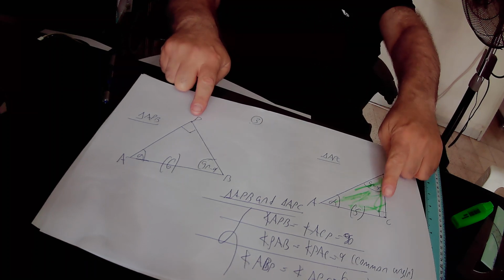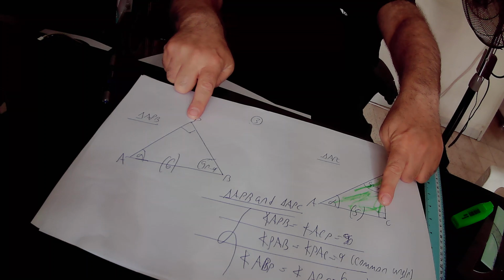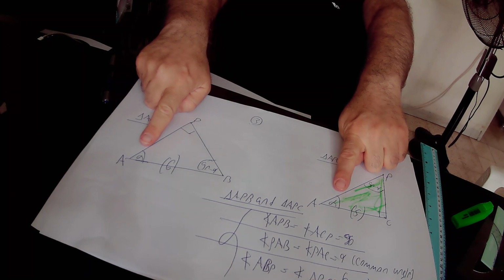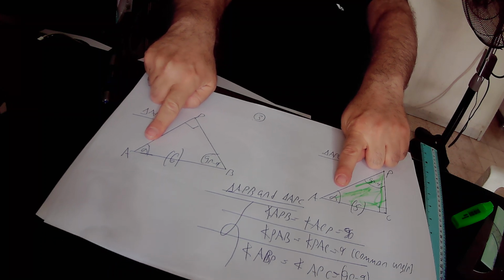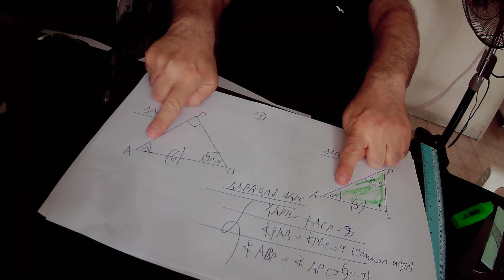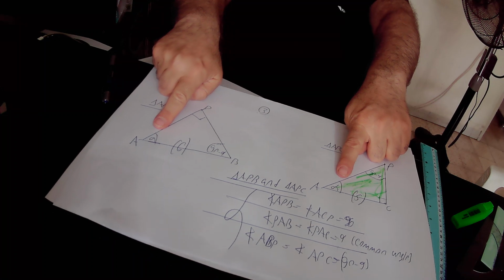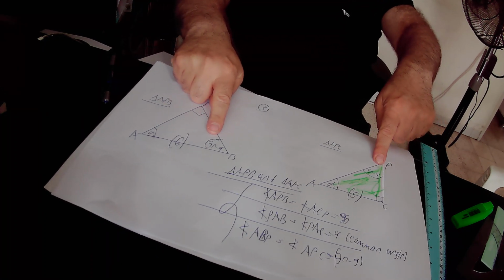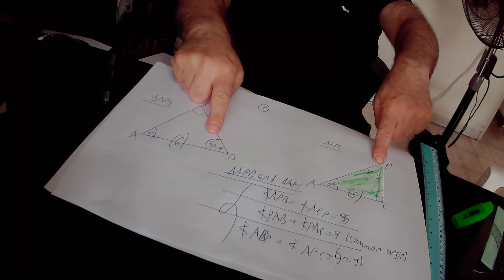First of all, those two angles are both equal to 90 degrees, therefore they are equal to each other. In addition, this is angle alpha, that is a common angle that belongs to both triangles, so we can write down that angle alpha equals itself. And finally, those two angles are both equal to 90 degrees minus alpha, therefore they are equal to each other.